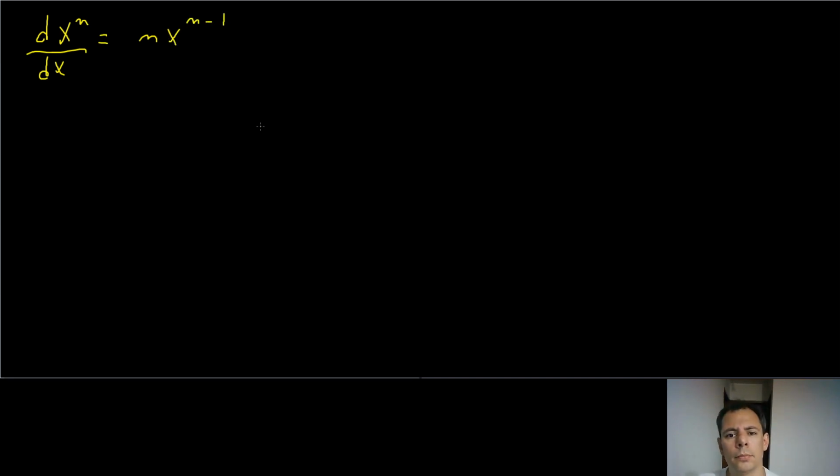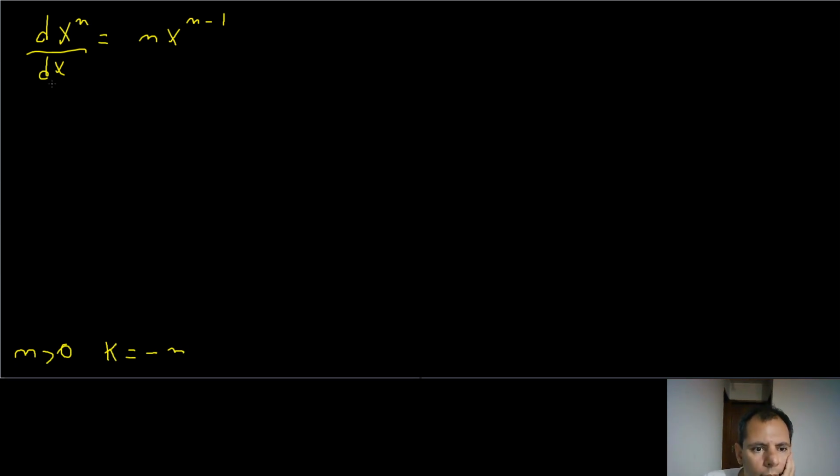Remember that? Now let's say that we do have x to the n, but we want n to be negative. So n is positive, and let's just say that k equals minus n.